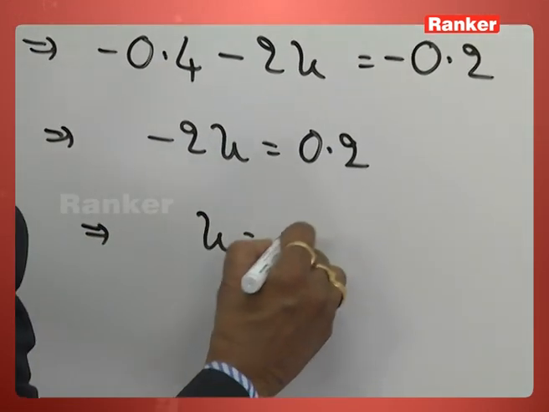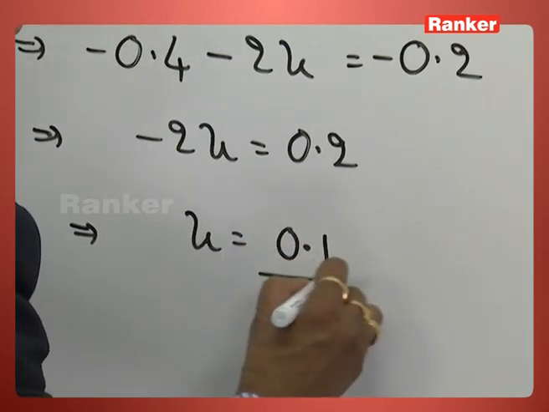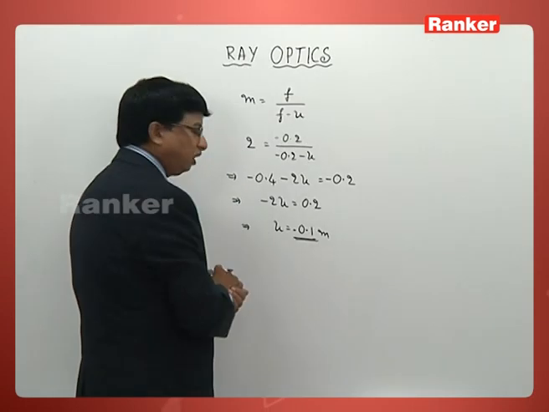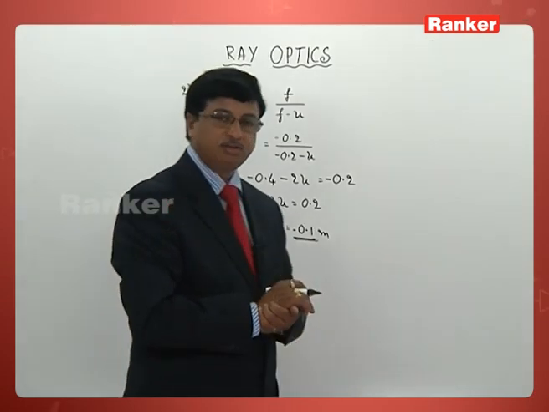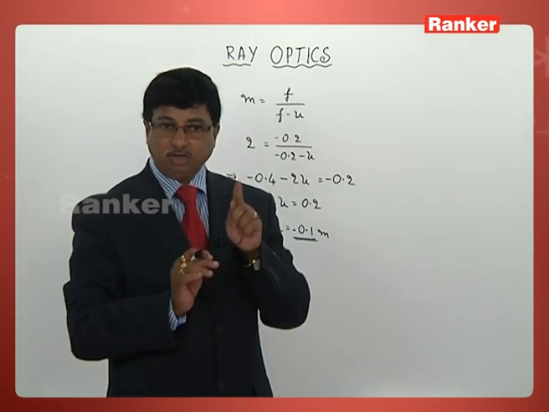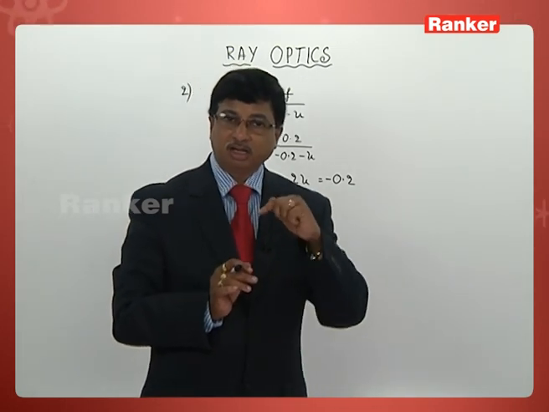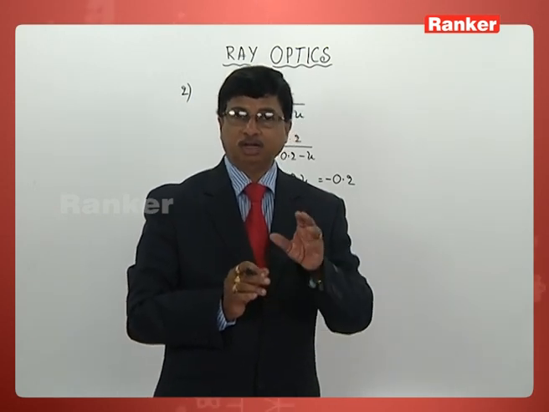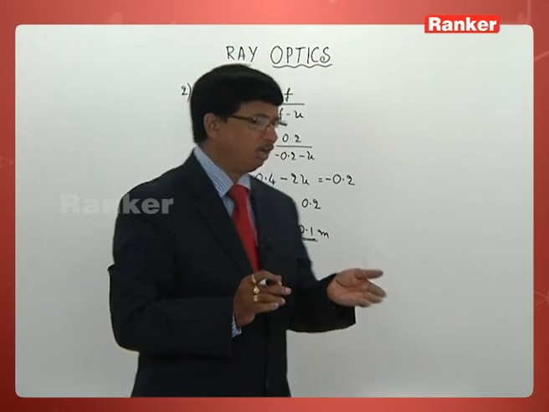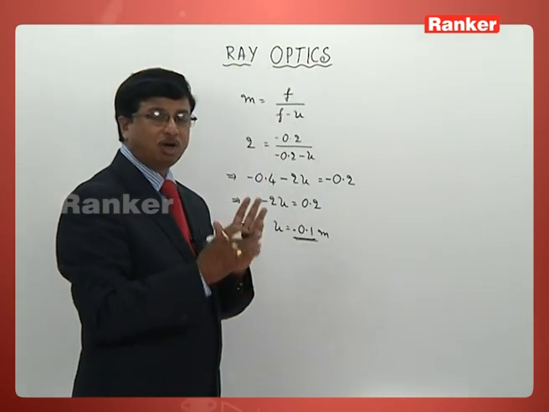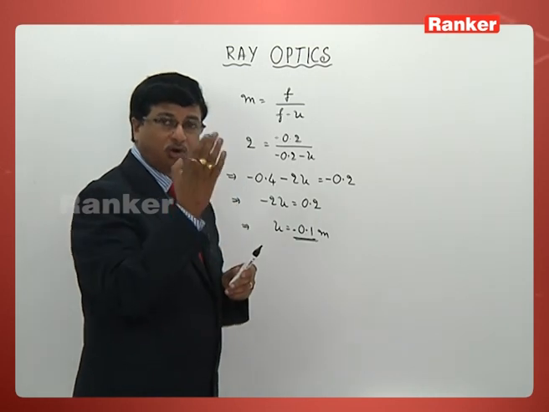It is definitely going to be 0.1 meter, negative obviously, because object distance is always taken from the pole of the mirror, and according to the convention we are going against the direction of the incident ray, so the value is taken with a negative sign. But what is the question? At what distance should he hold the mirror?